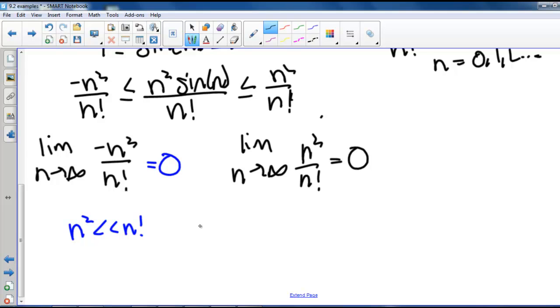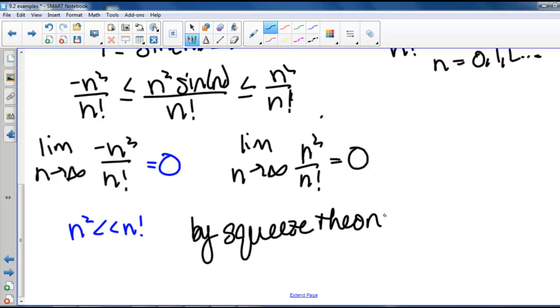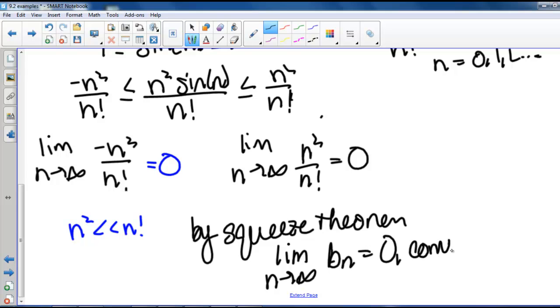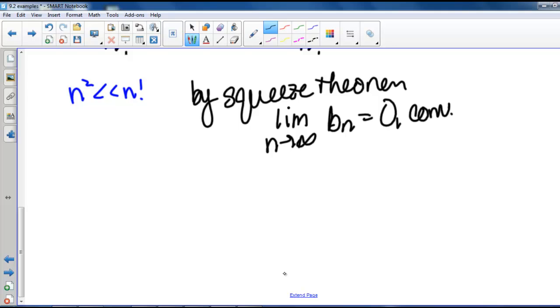So by the squeeze theorem, the limit as n goes to infinity of our sequence b sub n equals 0 and converges. So now let's look at a third sequence.